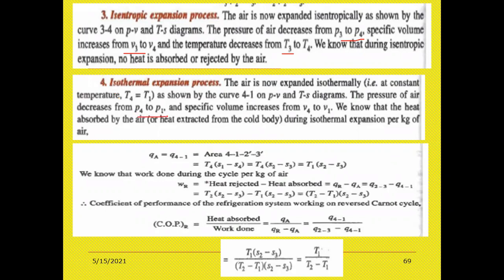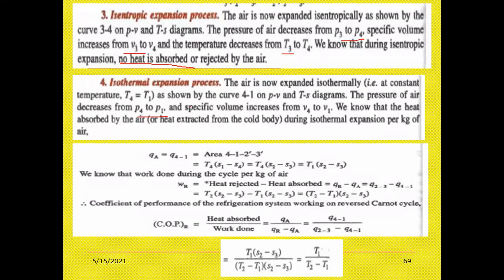The pressure is decreased with constant temperature, and also the volume is increased from V4 to V1. Thereby, here the heat is absorbed by the air during the isothermal expansion per kg of air. In the third process, heat was neither absorbed nor rejected. Here the heat is absorbed isothermally per kg of air in this process.